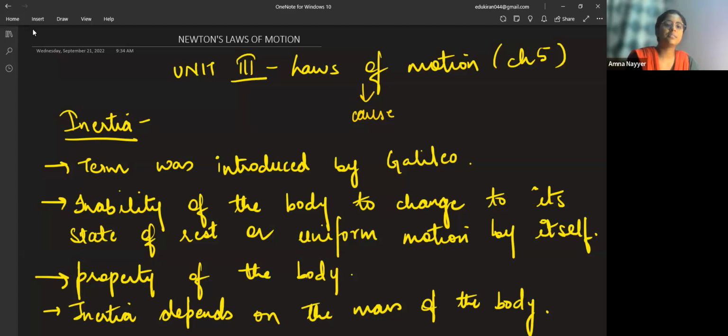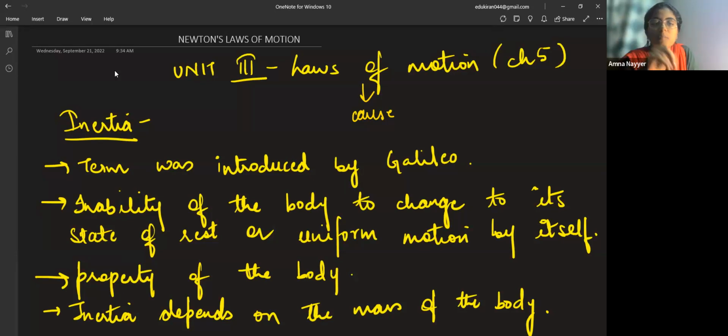So first comes the concept of inertia. Some students confuse inertia as a force. They think inertia is a force which is being applied on the object, or the object is being stopped by it. Inertia is just a property. It's not a force. It was introduced by Galileo.